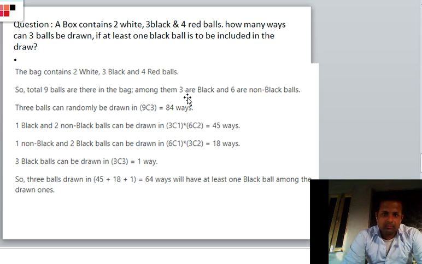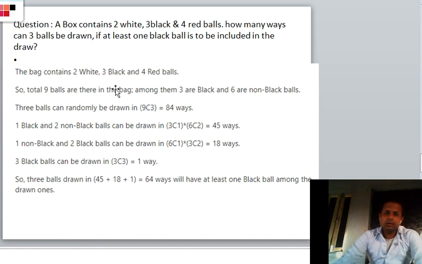Now this is basically a problem on combination. How many ways can 3 balls be drawn, or by how many ways can 3 balls be chosen or selected? I am using the select keyword, so the problem will be a combination problem.